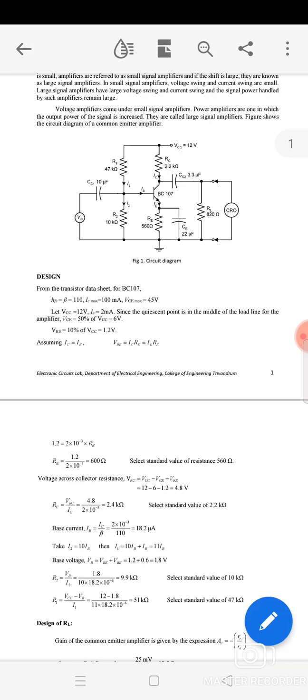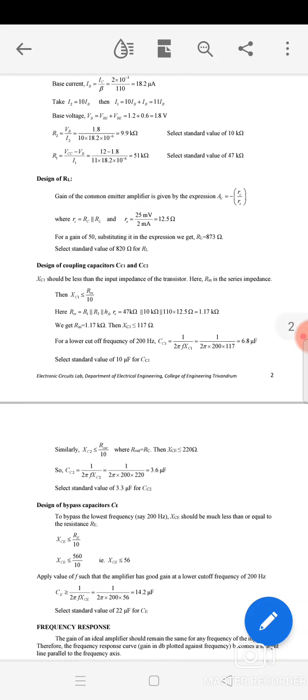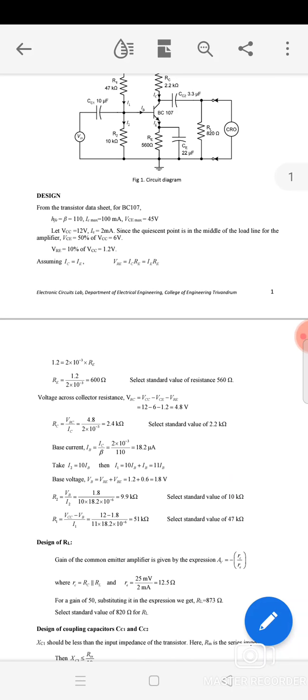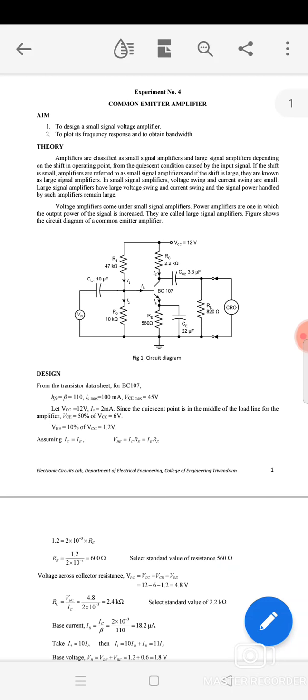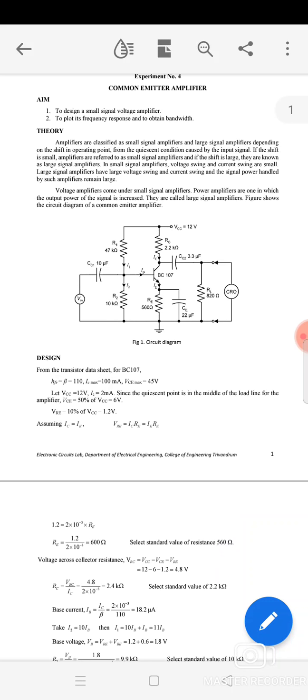You will get a somewhat good or bad, weak response. To get better responses at the different frequencies, we have to select standard values, and these values are better, right?